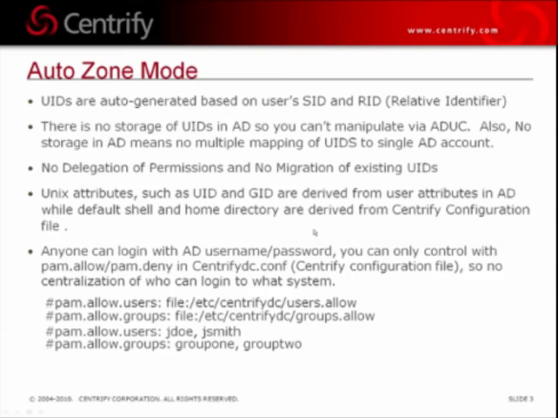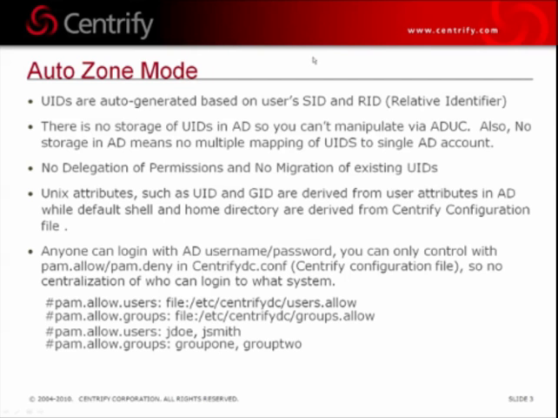As for the Autozone mode, UIDs are auto-generated based on the user's SID and RID, relative identifier. To create these GIDs and UIDs, Direct Control creates a prefix from the last 9 bits of the user or group security identifier and combines it with the lower 22 bits of the user or group RID, relative identifier.